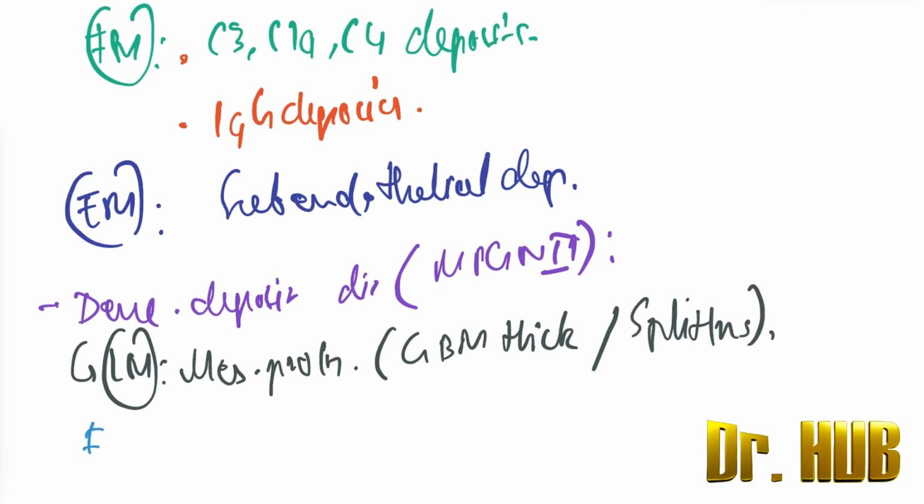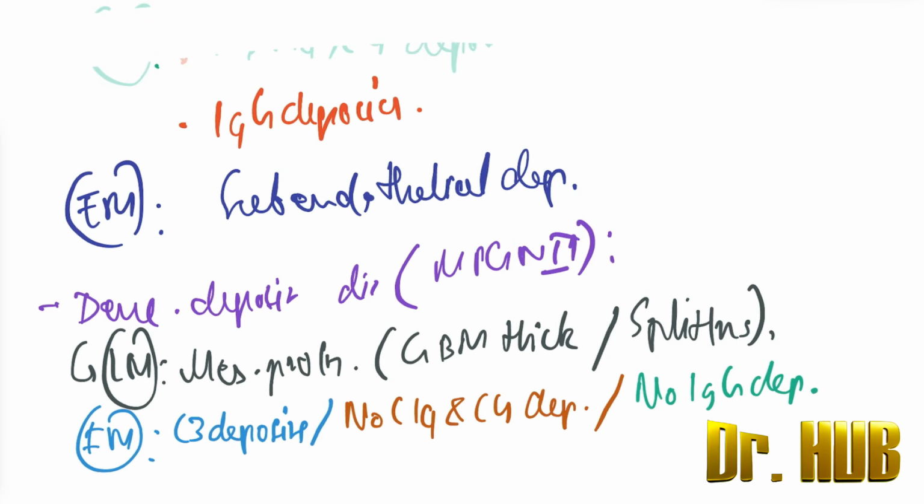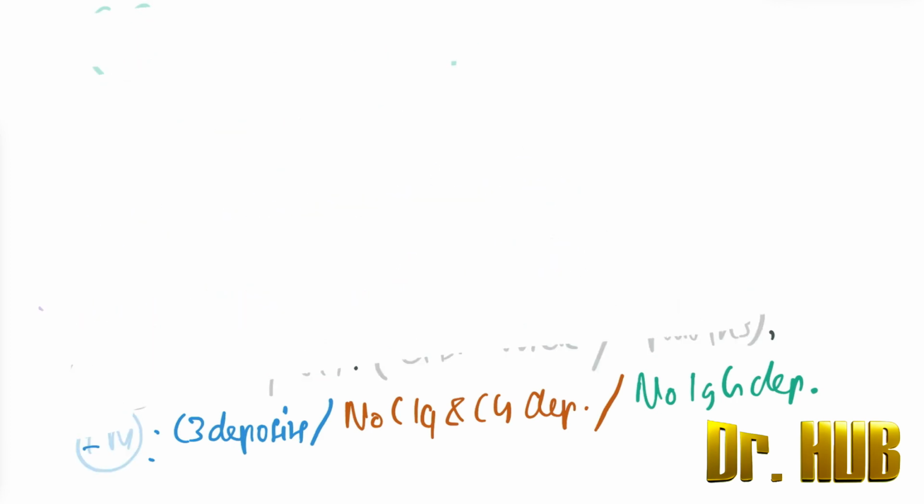Now let's look at the fluorescent microscopy. It shows the presence of C3 deposits. There are no C1q and C4 deposits, and there are no IgG deposits as well.